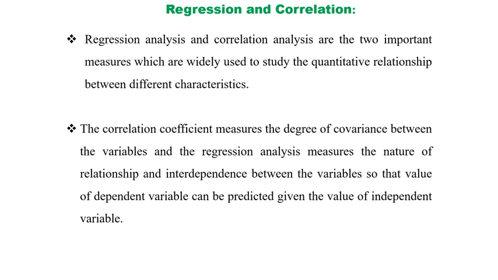This is how regression and correlation are related. For estimating the dependent variable when independent variable is given, we need a relationship. That relationship will be provided by correlation. So correlation coefficient is very much essential for regression analysis. Both are interrelated.